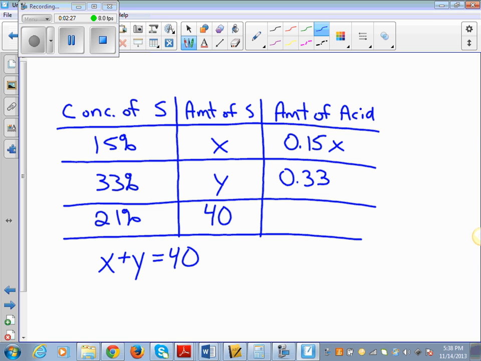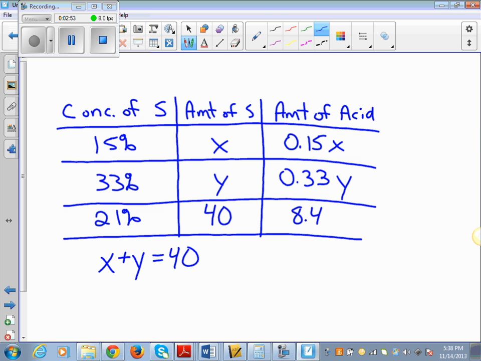So 33% of whatever amount of solution we have there, the Y, is going to be how much acid we have. And then in our third column, 21% of 40, we can actually work out the number. 21% of 40 liters means that 8.4 liters of that 40-liter solution is the pure acid.